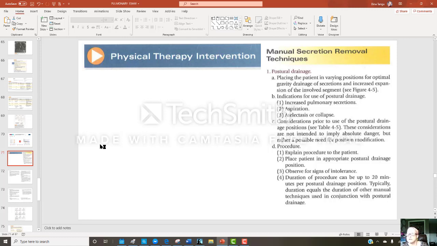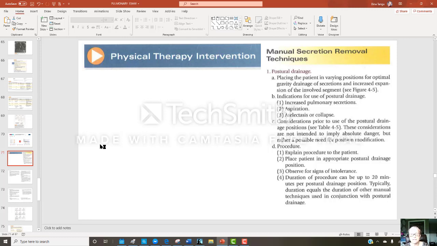Indications for use of postural drainage: increased pulmonary secretions, aspiration, atelectasis, or collapse. Considerations prior to use of postural drainage position: see Table 4.5. These considerations are not intended to imply absolute danger, but rather a possible need for position modification.